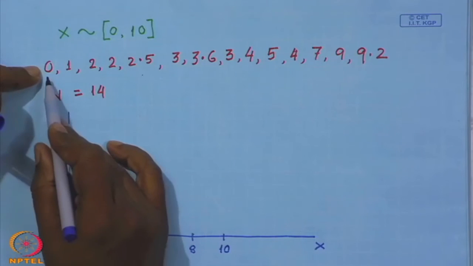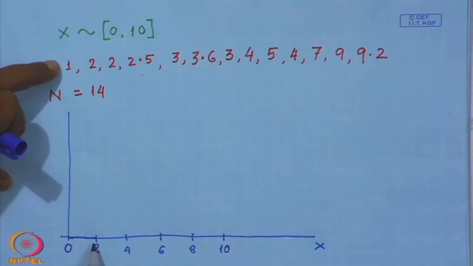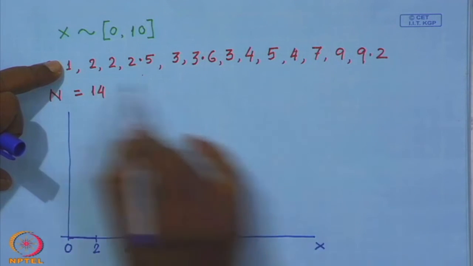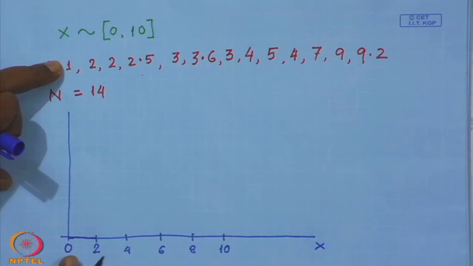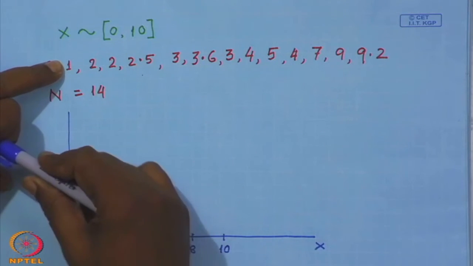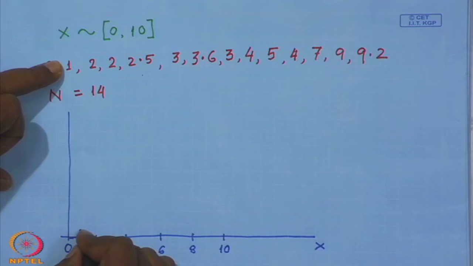So, this sample which is 0 will fall in the 0th bin, whose boundaries are 0 and 2. Similarly, the sample value 1 will also fall in the 0th bin. If you go through this list, there is no other sample falling within this 0th bin. So, the number of samples which fall in the 0th bin is equal to 2.